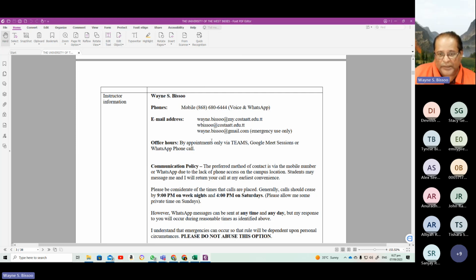But if you do need to communicate with me in a rush, your best bet is via WhatsApp, because then you could send me a private message or group message to let me know. And if we want to meet, we could meet via Teams, Google Meet, or even simply I'll call you on WhatsApp or you call me on WhatsApp and we have a chat in relation to whatever issue or concerns that you have.